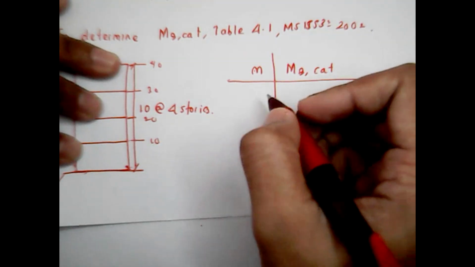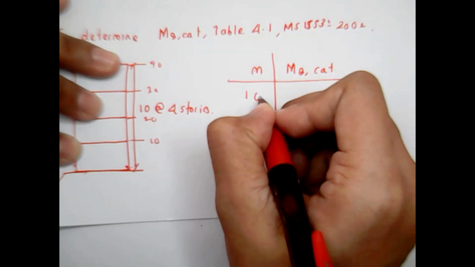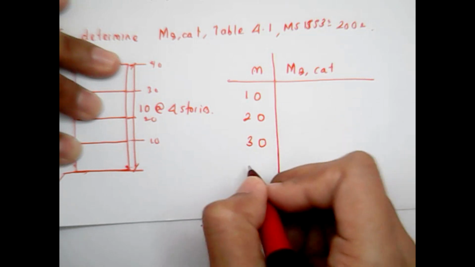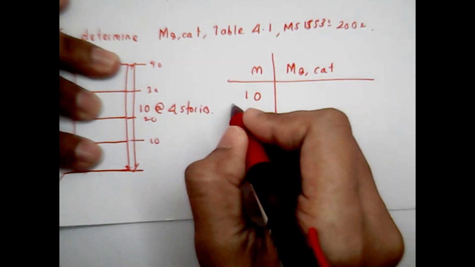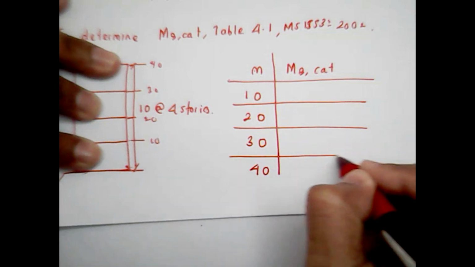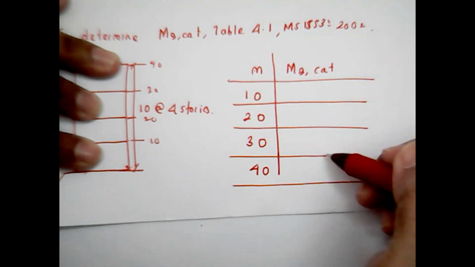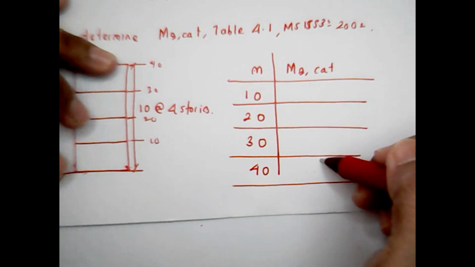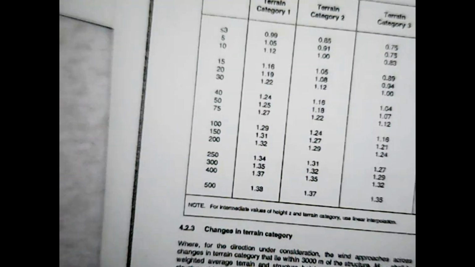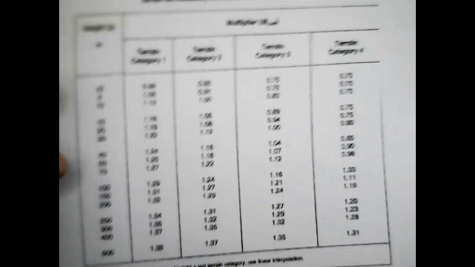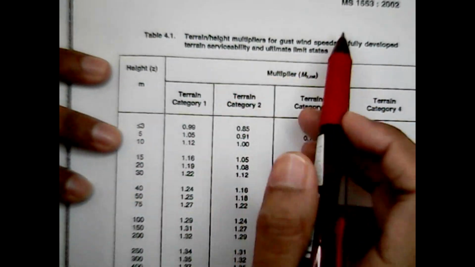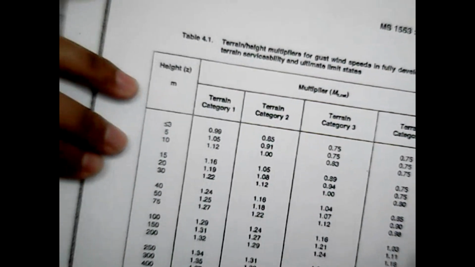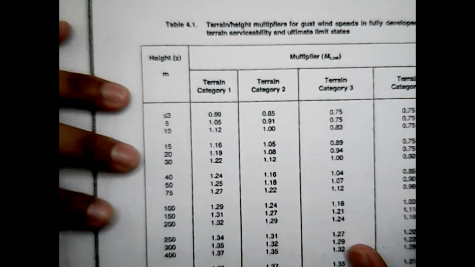So you have here 10, 20, 30, and 40. The MZ-CAT value you can refer to in table 4.1 in MS 1553:2002. I'm sure you have the soft copy of this table.